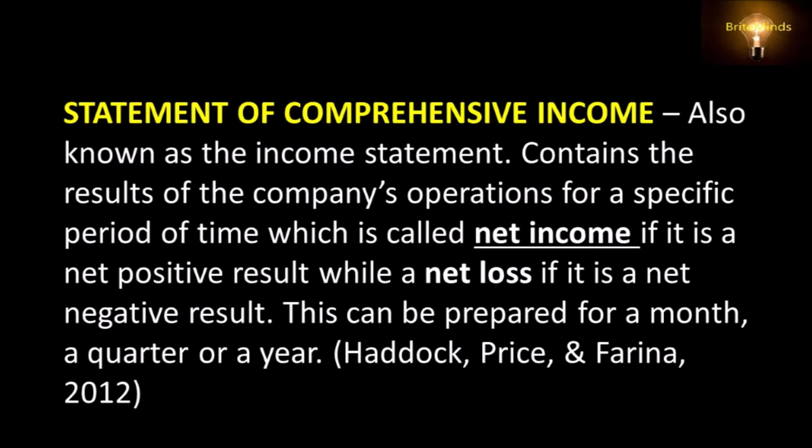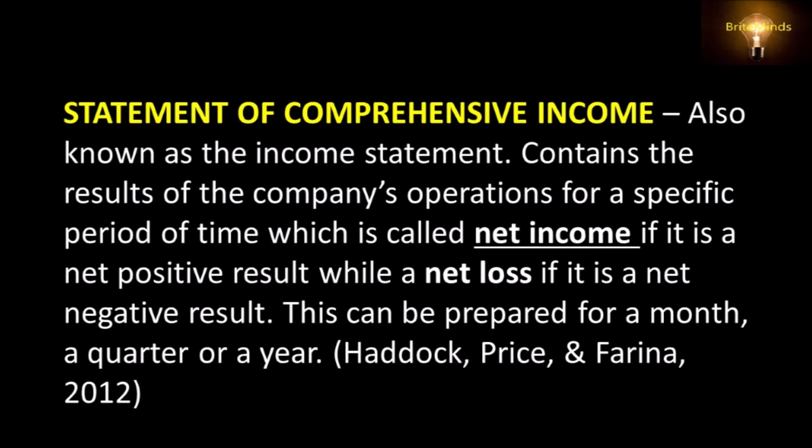This can be prepared for a month, a quarter, or a year. In other words, the statement of comprehensive income reports the results of operations of the business in one accounting period.